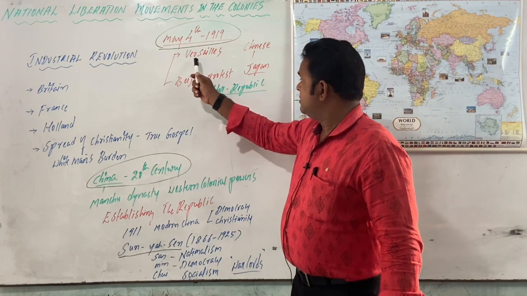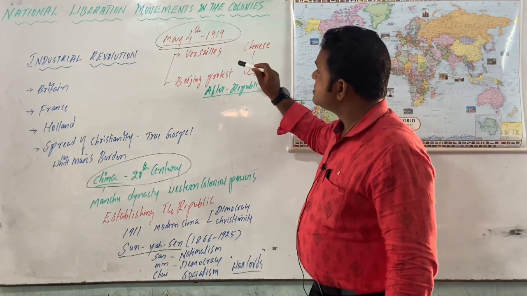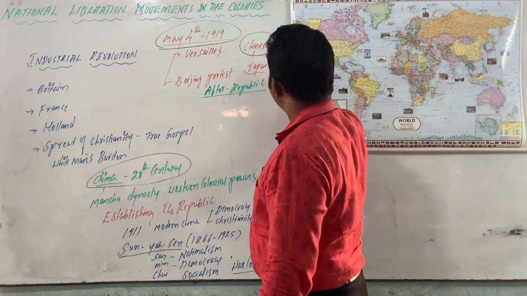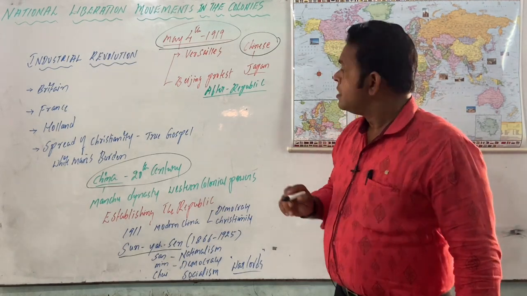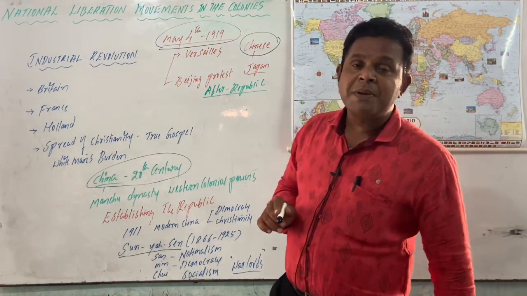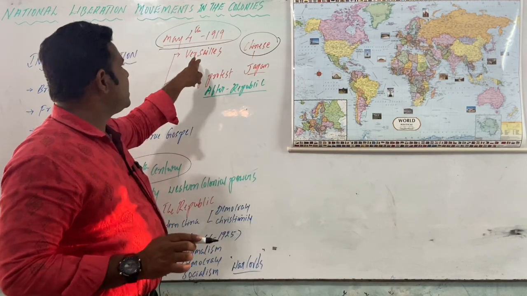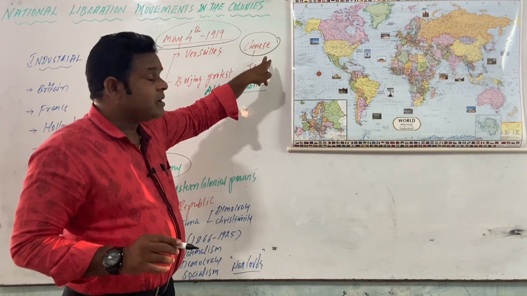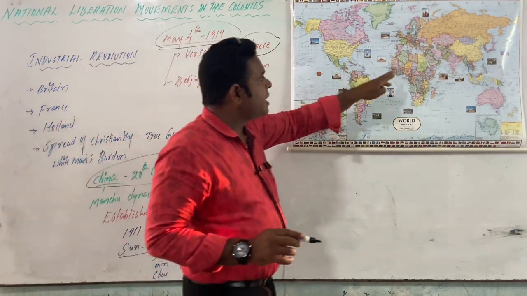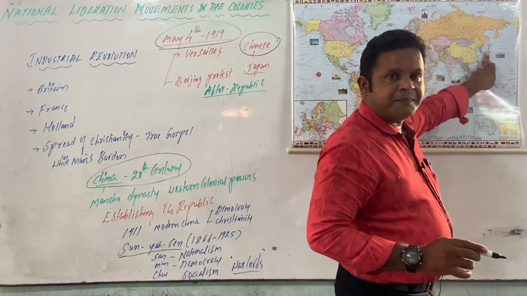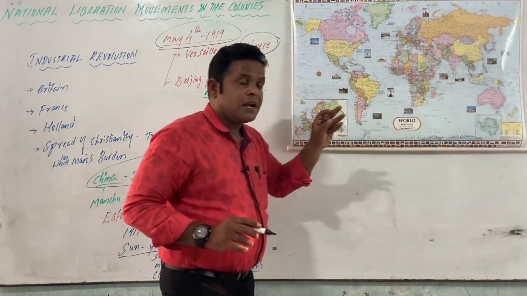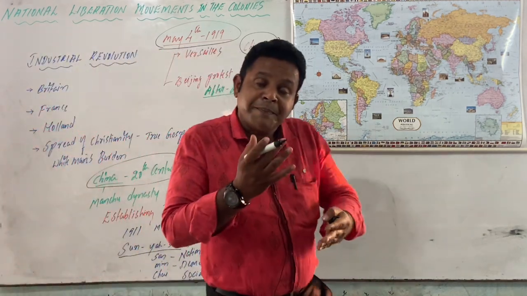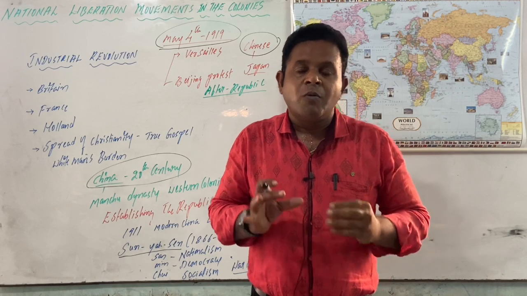So what was the importance of this May 4th Movement? It concerned the Chinese territories occupied by Japan. The Chinese people were protesting regarding the Treaty of Versailles, and how China lost importance, with Japan coming and occupying Chinese regions.